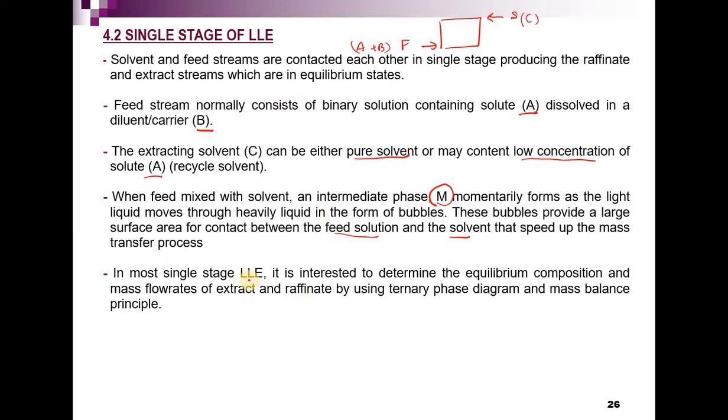In most single stage LLE, we are interested to know the equilibrium composition and the mass flow rate of the extract and raffinate. So in single stage LLE, usually we calculate the composition and the mass flow rate of extract and raffinate by using a diagram, which we call the ternary phase diagram, and also by using the mass balance principle.